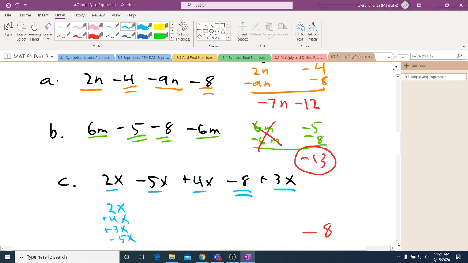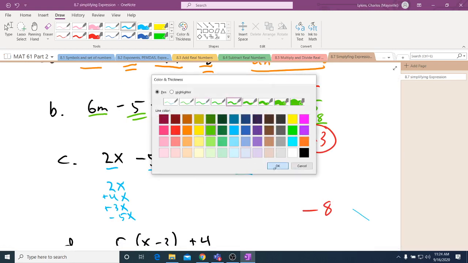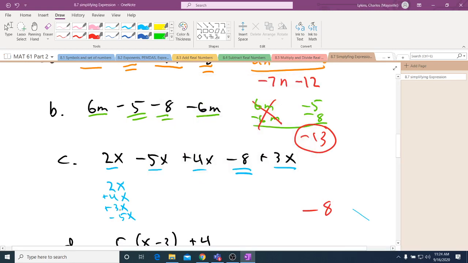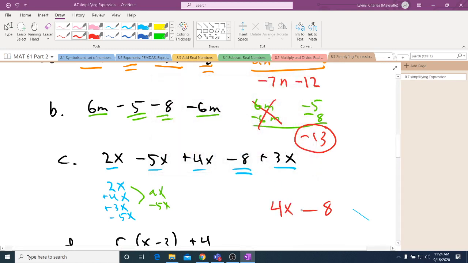I'm going to put that negative on the bottom. So 2 plus 4 plus 3 would give me 9x minus 5x, which would give me a total of 4x. So it's 4x minus 8.